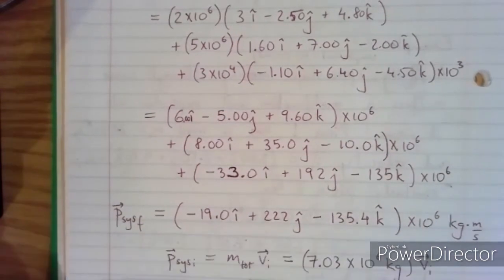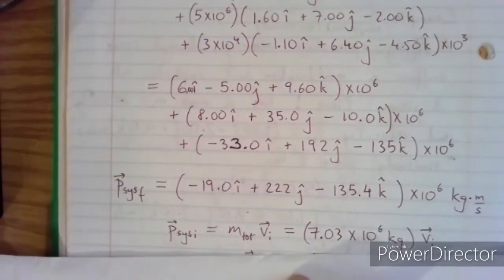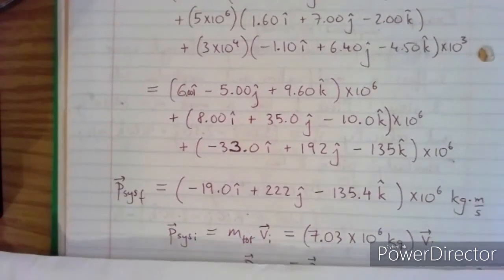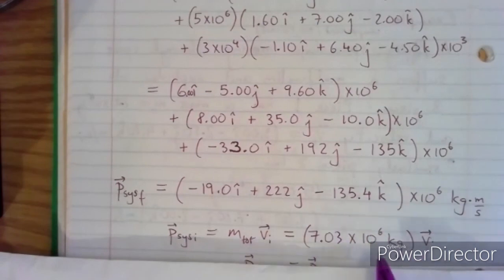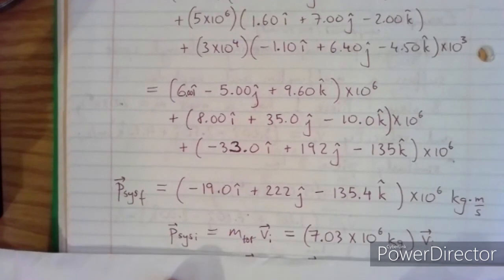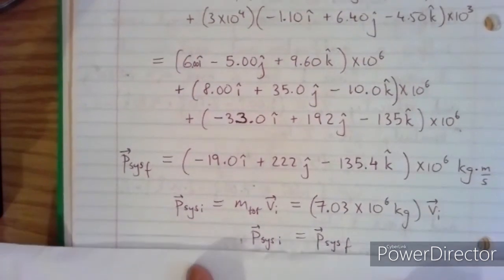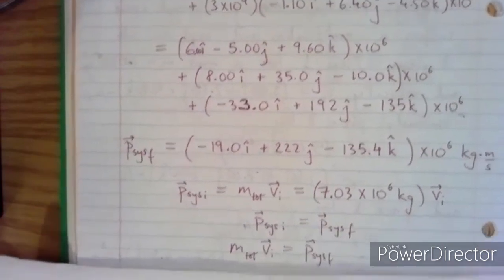All right. Well, what about the initial momentum? Well, initially the spaceship is all one piece, and so we can add up the masses. We're assuming that no mass was lost in the explosion, and we get this total mass, and we're trying to find the initial velocity first, and then the speed. So P system initial equals P system final.